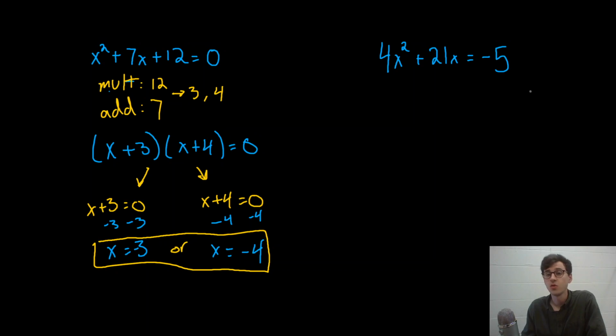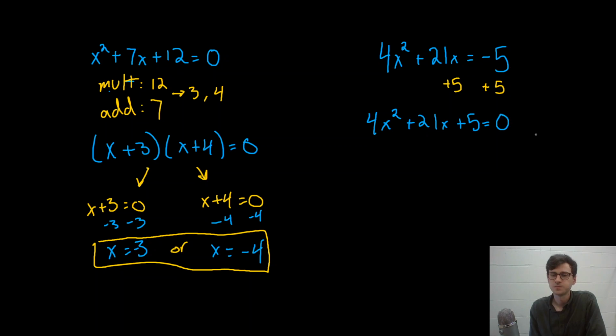It's not equal to 0. It's equal to negative 5. What am I supposed to do? Okay. It's called the zero product property for a reason. It doesn't apply to negative 5. So I can't just factor out an x and solve that way. I need to add 5 to both sides. That leaves me with 4x squared plus 21x plus 5 equal to 0.